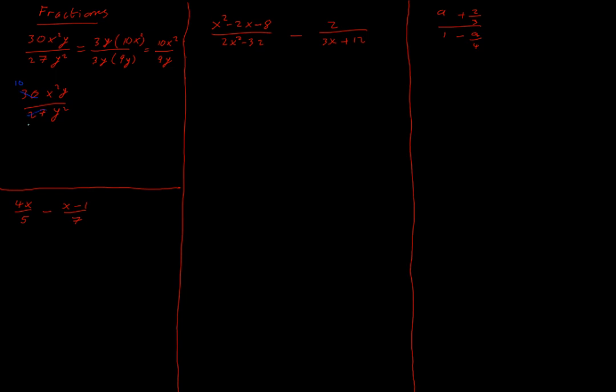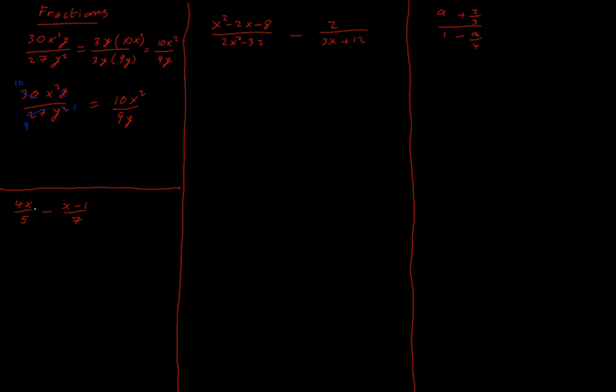I divide 27 by 3 and I'm left with 9. I divide above and below by y, and I am back to where I was using the other method. And both methods are perfectly acceptable. So you will get full marks and all attempt marks if your examiner can see either of these methods being used.